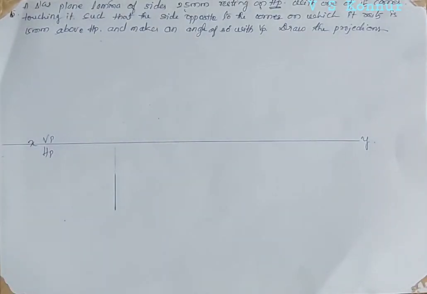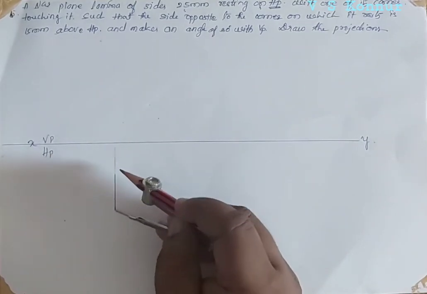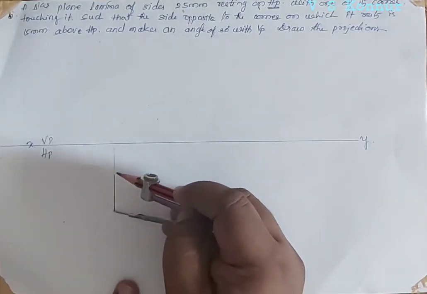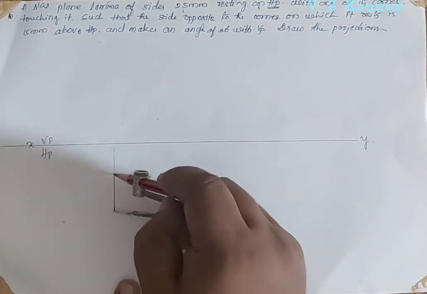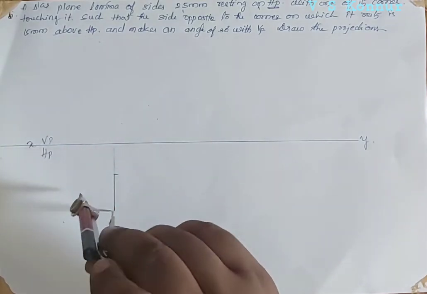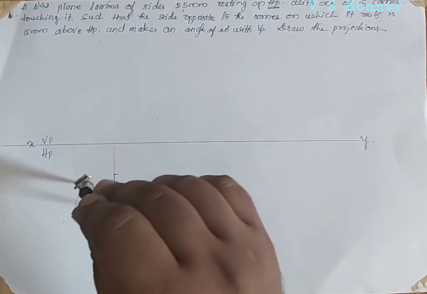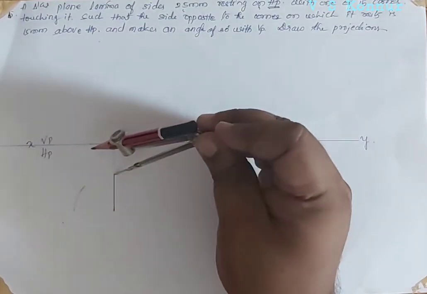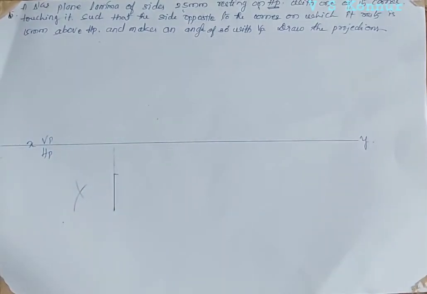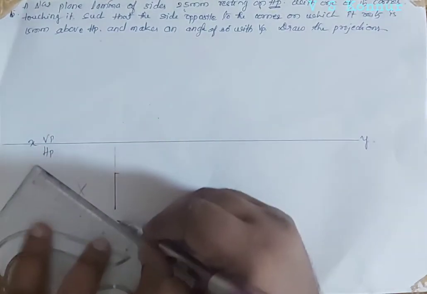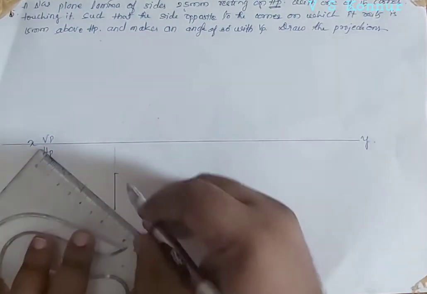The same distance I will take from the divider, because it is resting on one of its corners. So I have taken that distance and will cut on either side. This side I will cut, and then the other side. So we will get a triangular lamina by taking the 25 mm distance on either side.